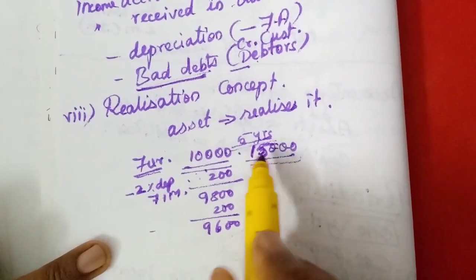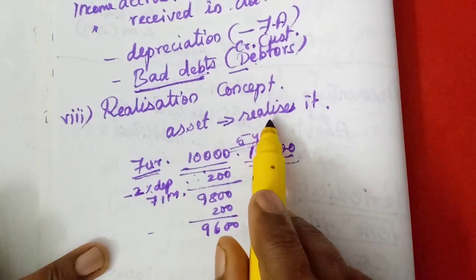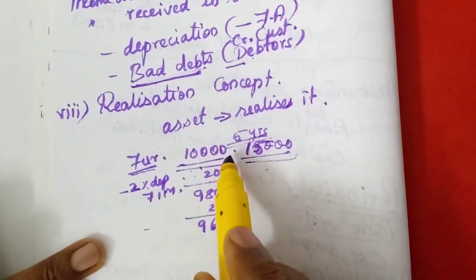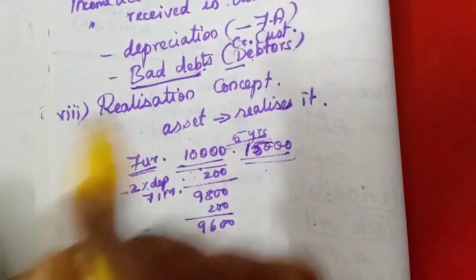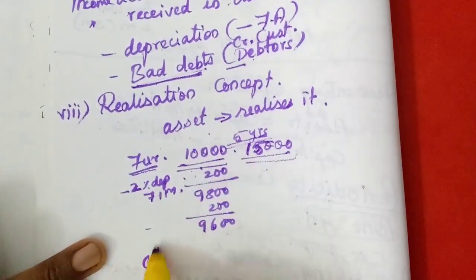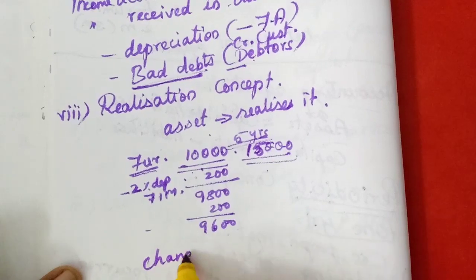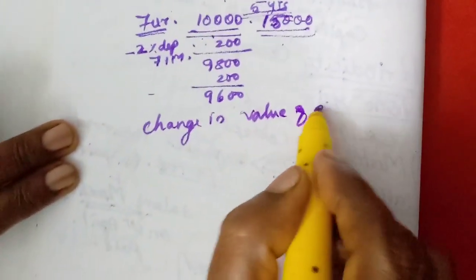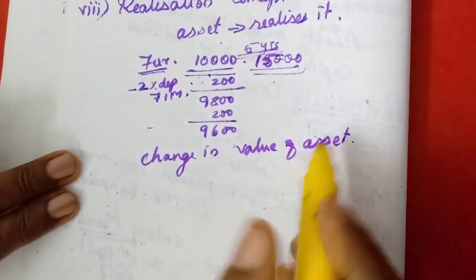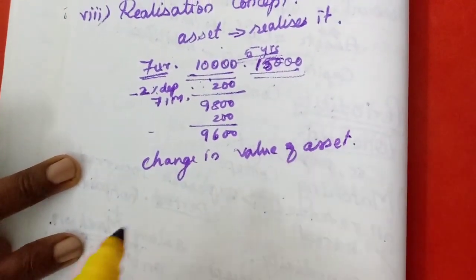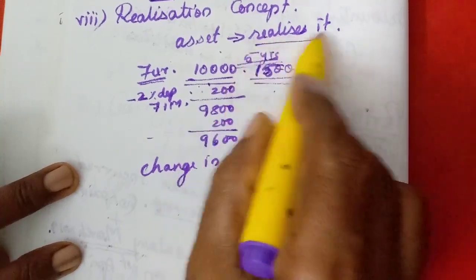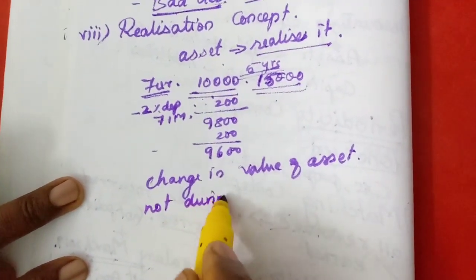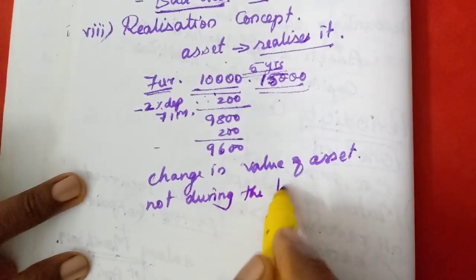That is considered only at the time of realizing it, not in between. During the lifetime of the asset we cannot consider the change in value of the asset. Understood? Change in value of asset is considered only when we realize it, not during the lifetime of the asset.